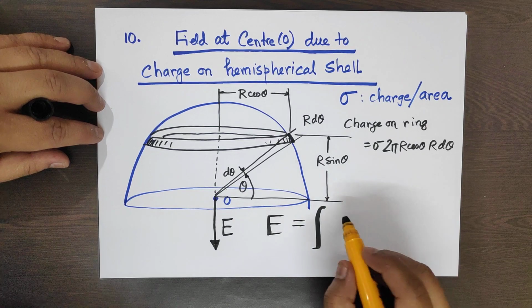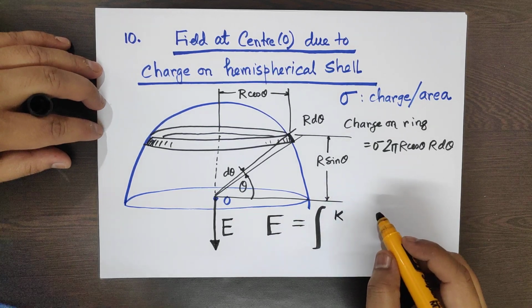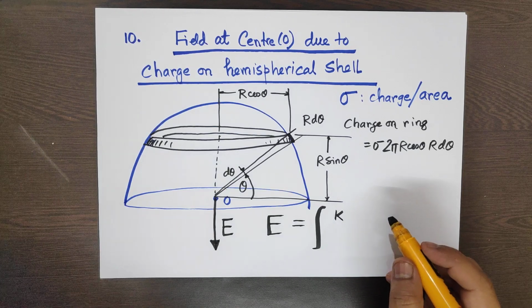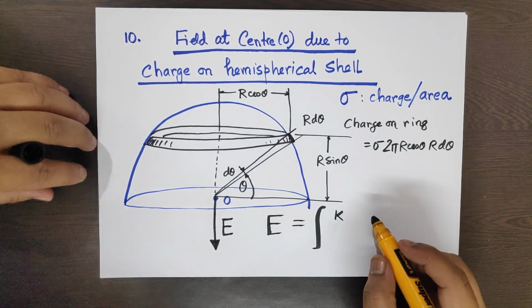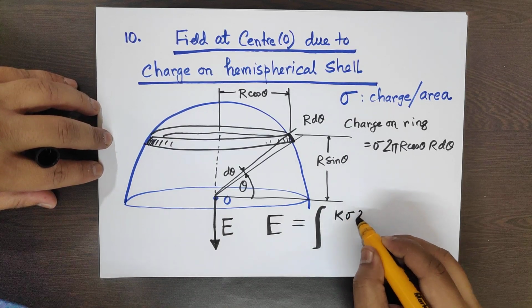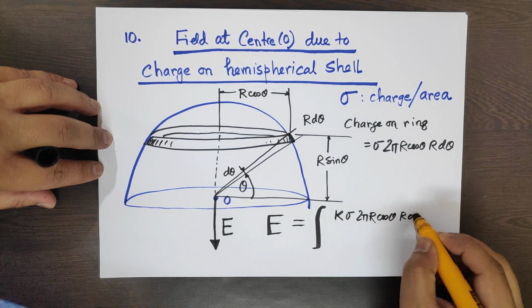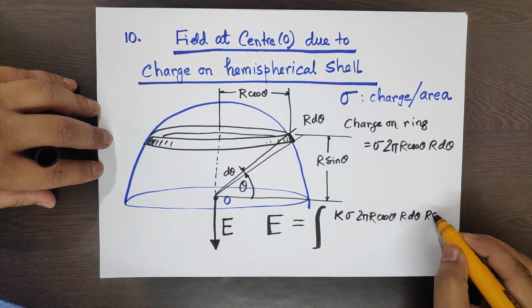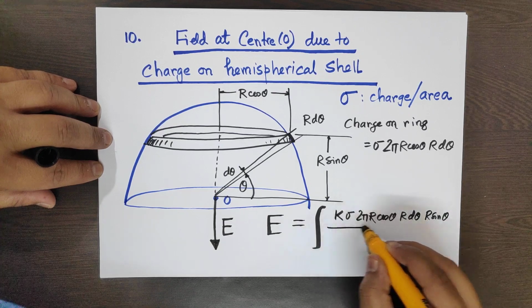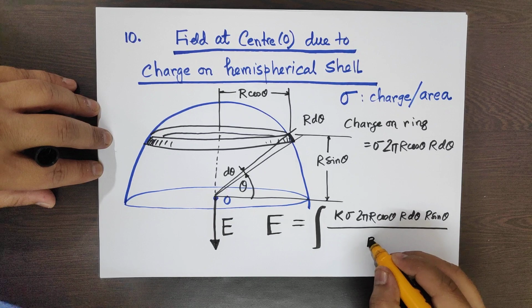Field due to a ring will be k q x divided by radius squared plus x square to the power 3 by 2. So, k sigma 2 pi r cos theta r d theta times x, where x means r sin theta.